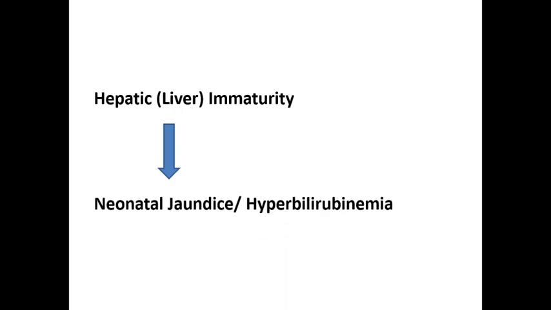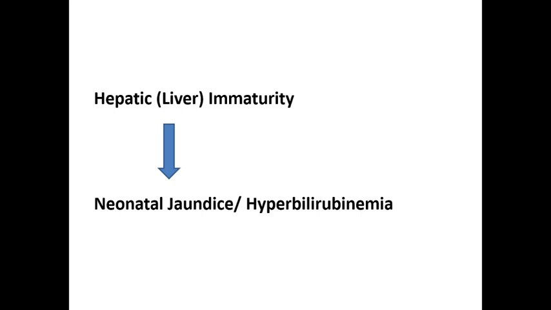Right. So next we'll see some complications that can occur in the newborn baby due to immaturity of the liver. So when the liver is immature, what happens is, in a newborn baby, the red blood cell count is very high.